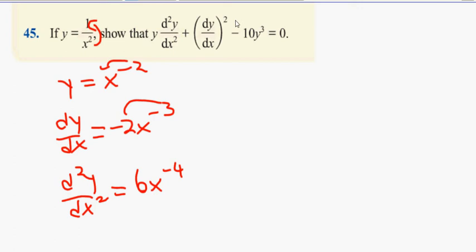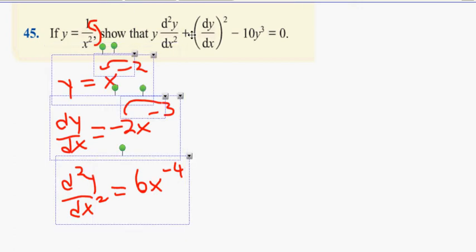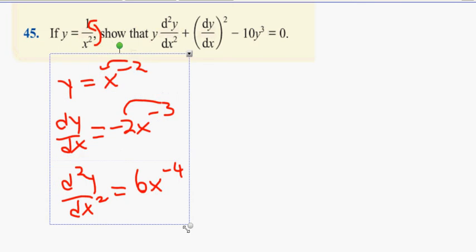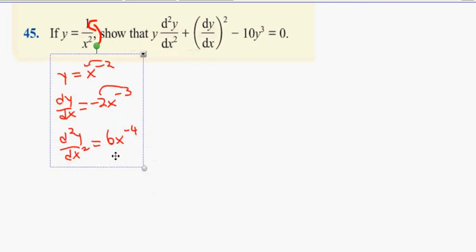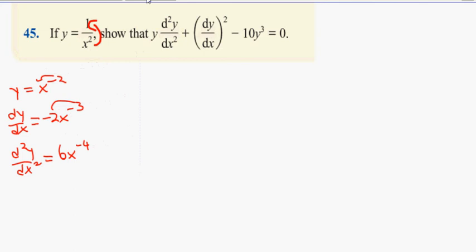Now that we've done that, we need to fill in the equation with the values we just got. Okay, so look at this. Now, y times the second derivative. Y is x to the minus 2. X to the minus 2 multiplied by the second derivative, 6x to the minus 4.